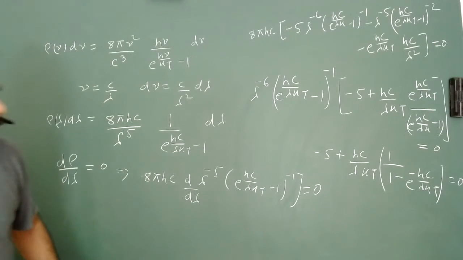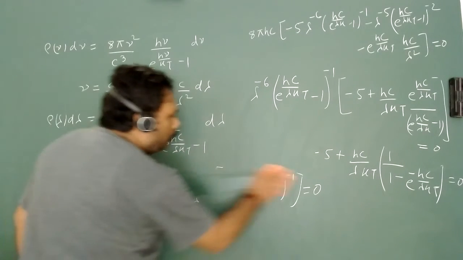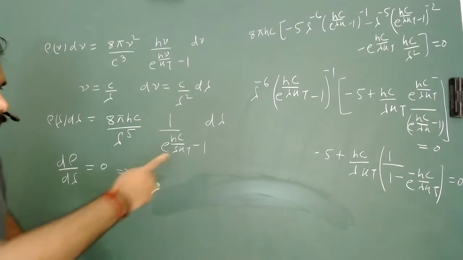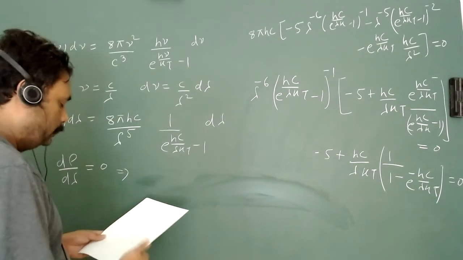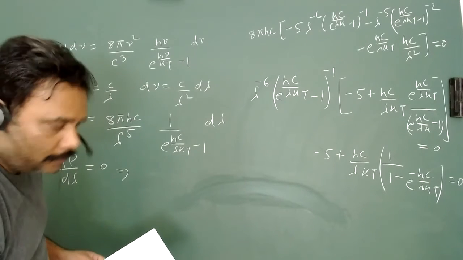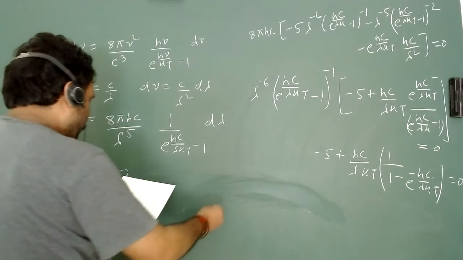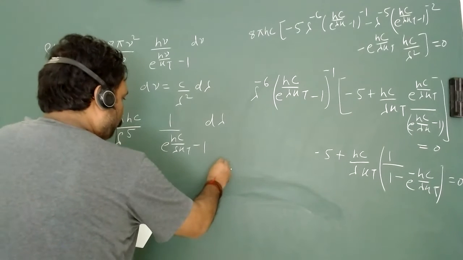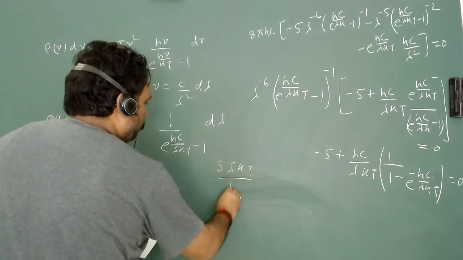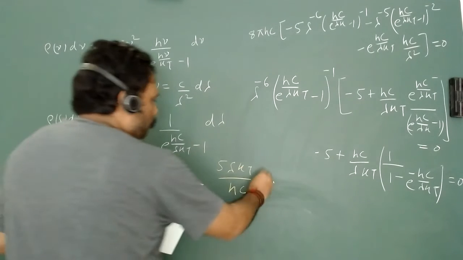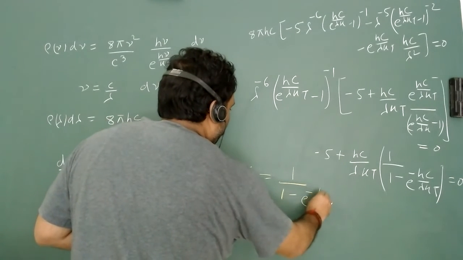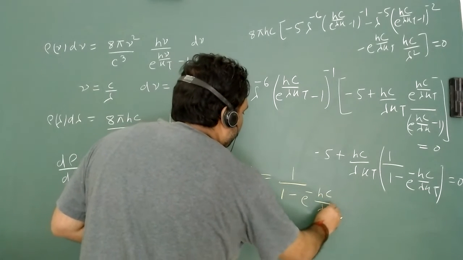You cannot solve it directly, but you can solve it with the help of computers or numerical methods. So we have to solve 5 lambda kT upon hc must be equal to 1 upon 1 minus e to the power minus hc upon lambda kT.